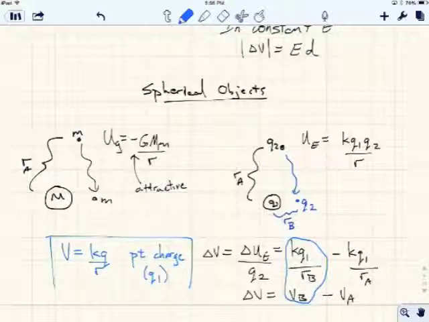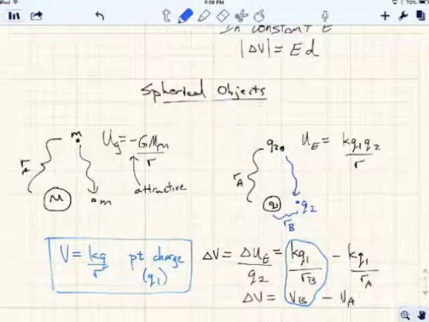What's really nice about this equation is that K is a constant, Q is the charge, and it's a scalar value, and this R is also a scalar value. It's just the distance between the charge Q1 and whatever point you want to calculate the electric potential at. So the electric potential is really a scalar quantity, and that makes a lot of calculations a lot easier.